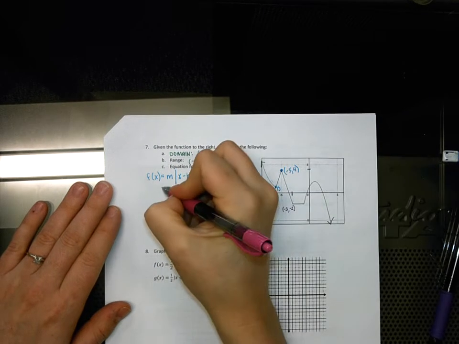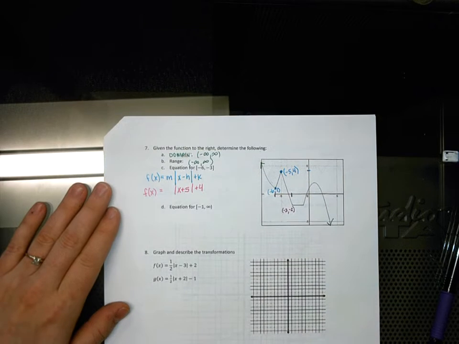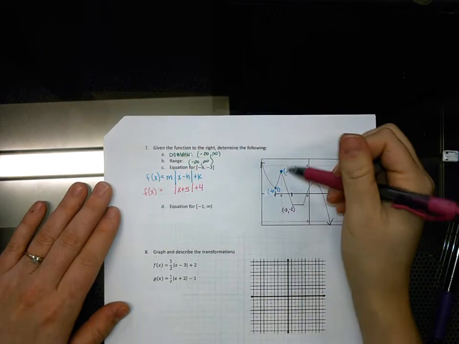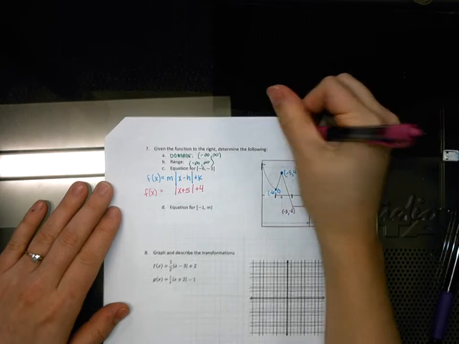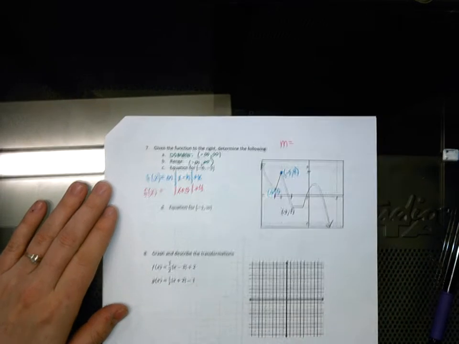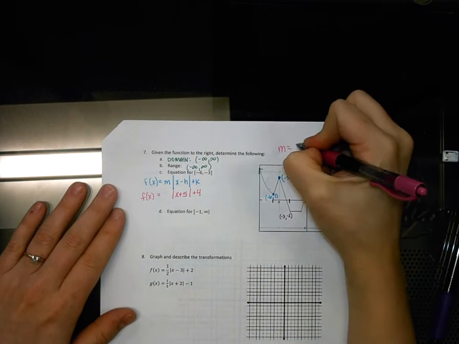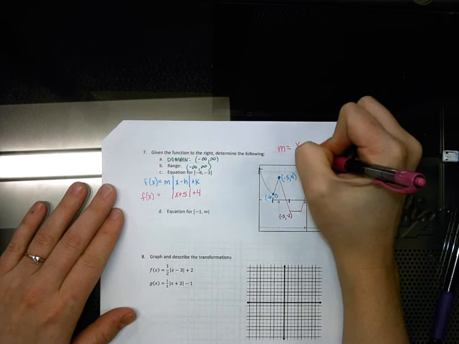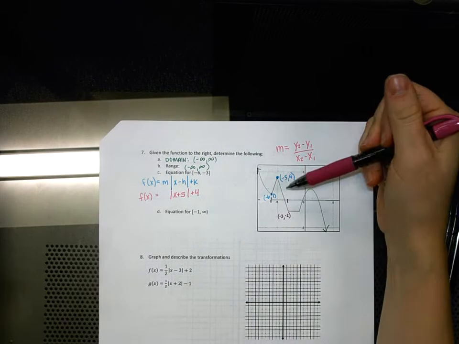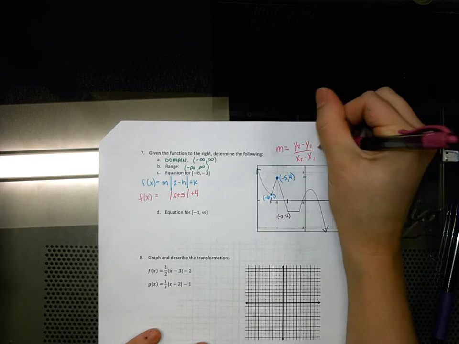Then after that, we just have to find the slope. So in absolute value, you can count rise over run. You can use the slope equation. The formula for slope is y2 minus y1 over x2 minus x1. If you're ever not sure with rise over run, you could always plug in your points.